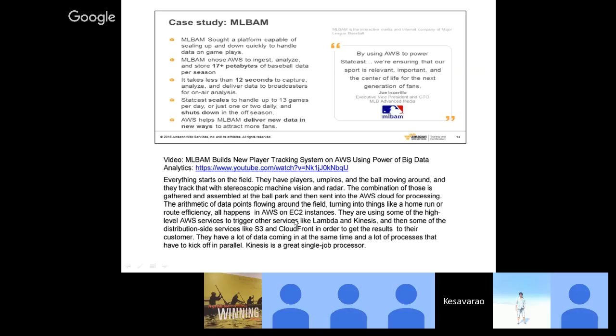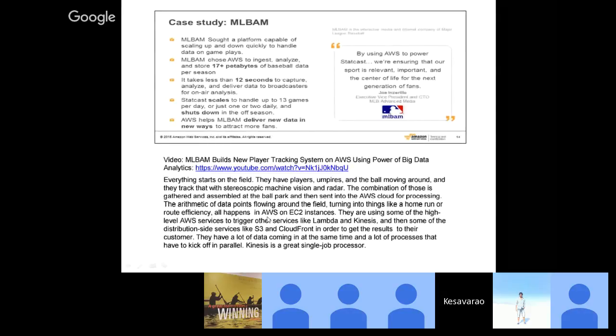And what really it is doing: they have players, umpires, and the ball moving around, and they track that with stereoscopic machine vision and radar. The combination of those is gathered and assembled at the ballpark and then sent to the AWS cloud for processing. The arithmetic of data points flowing around the field turns into things like a home run or route efficiency.